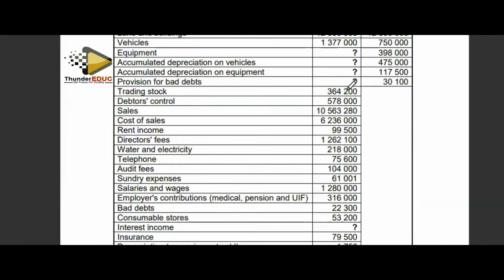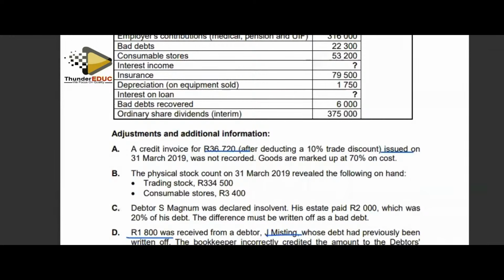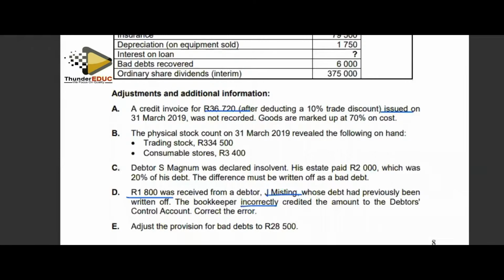We have to find out any additional information on what happened to these bad debts. So the provision from last year is 30,100. They are not giving us this one; we have to determine it. So let's go and check additional information regarding provision for bad debts.